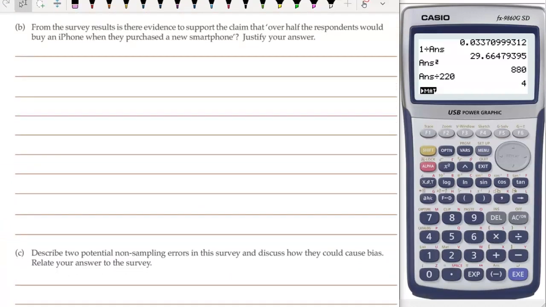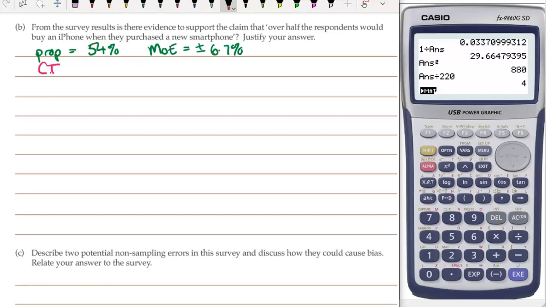Okay, is there evidence to support the claim that over half the respondents would buy an iPhone when they purchased a new smartphone? So the proportion that we were given for this is sitting there in the first bullet point of 54%. And the margin of error we already worked out to be plus or minus 6.7%.